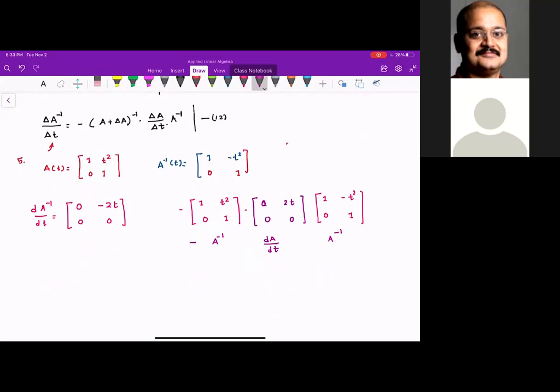So next problem. Yeah, you can actually put this matrix. So you are given these two matrices, right? Yeah, you just use these two matrices to verify.